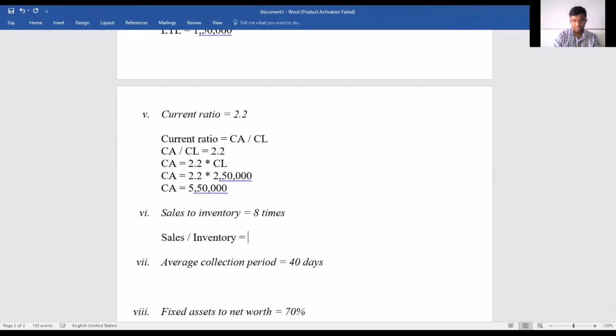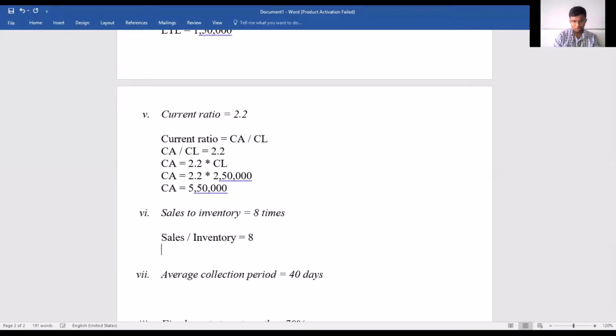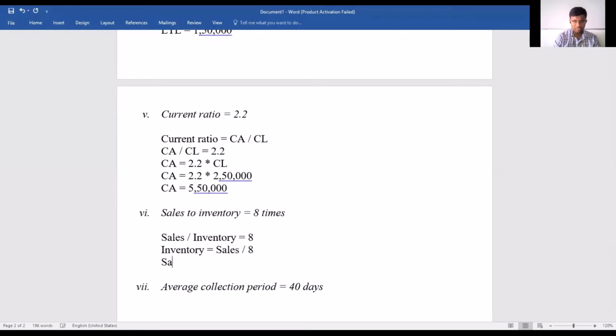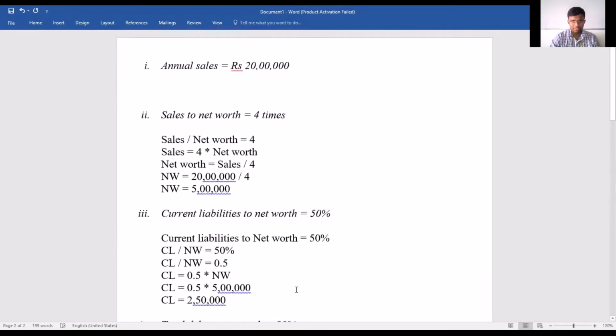Next piece of information that we have is sales divided by inventory, which is 8 times. When we cross multiply and transfer the known and the unknown to each other's sides, we get inventory is equal to sales divided by 8. We already know the value of sales, which is 20 lakh.